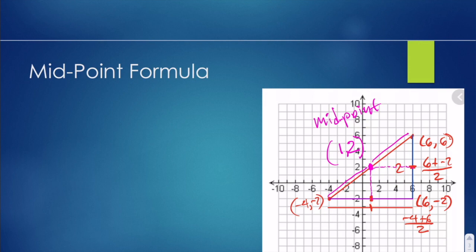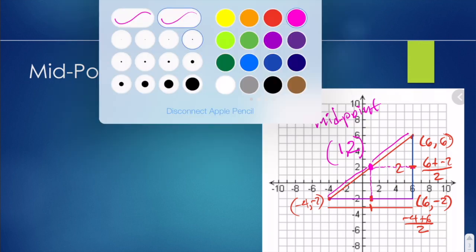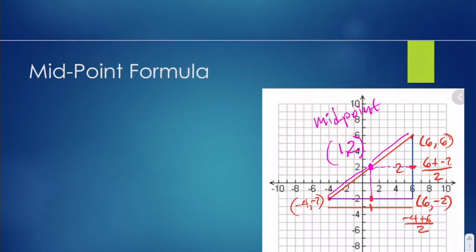Now let's just see what I really did. Didn't I just do this? I took the sum of the x coordinates, x1 plus x2, and I divided that by 2 in order to find the average of those two. And I also took the sum of the y coordinates.